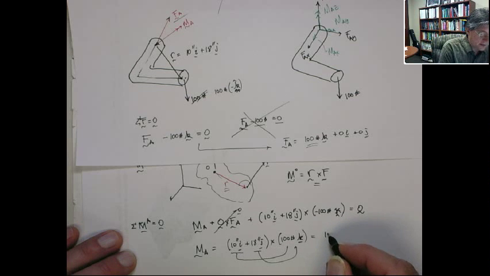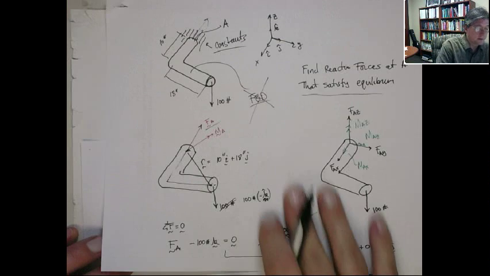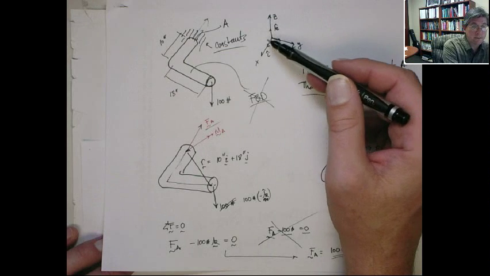So that gives me 1,000 pound inches. And I cross K is minus J. I cross K by the right hand rule is minus J.